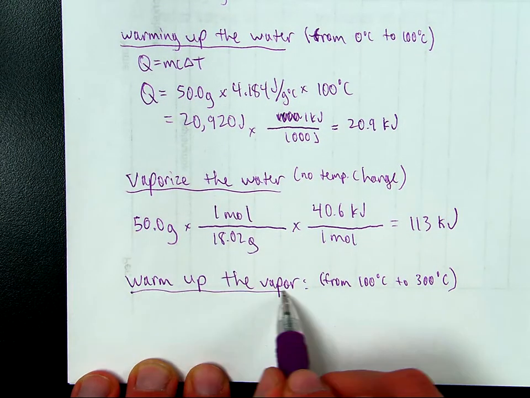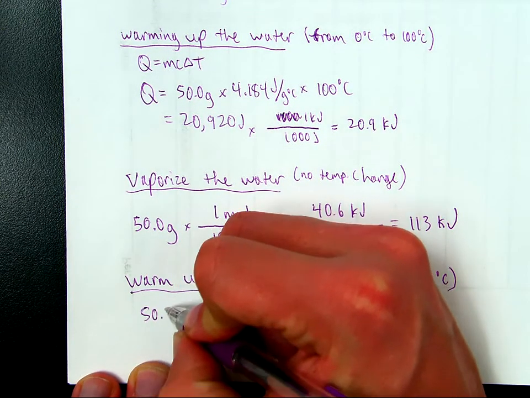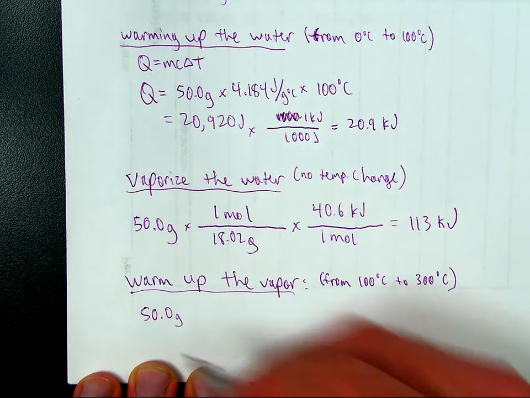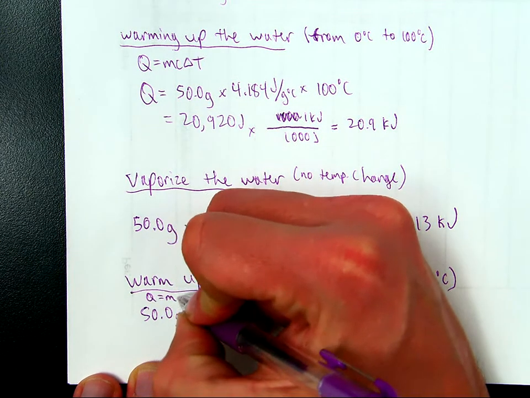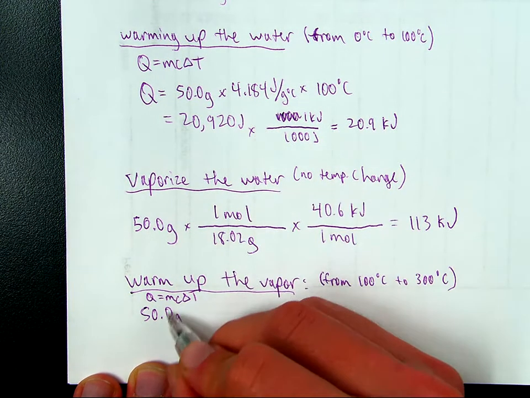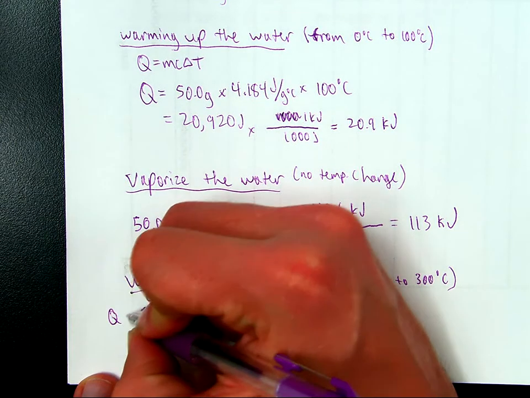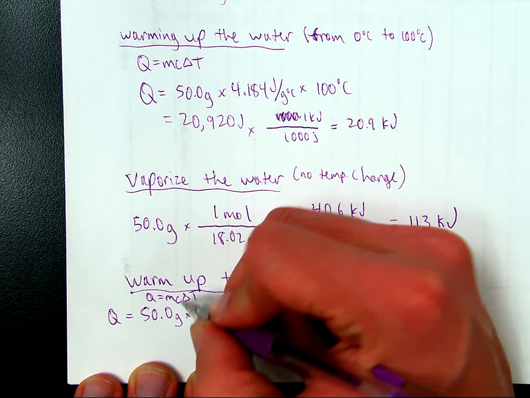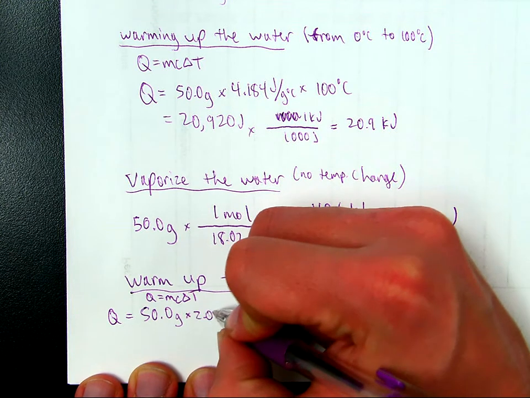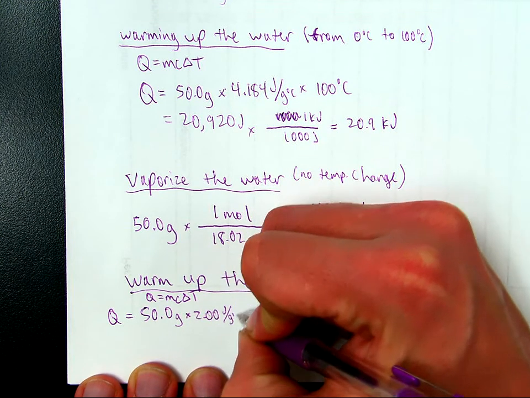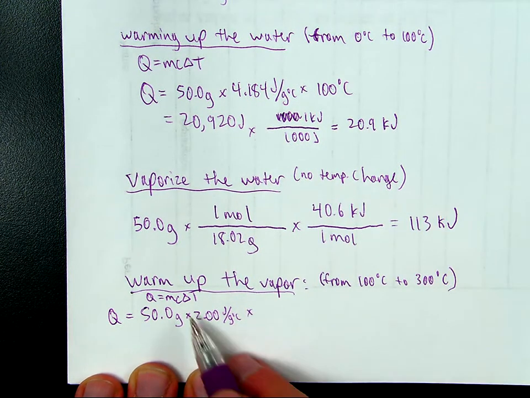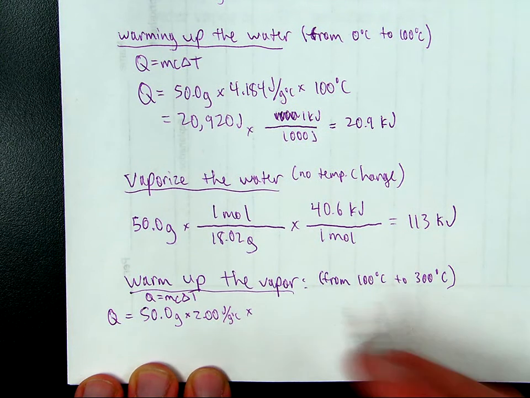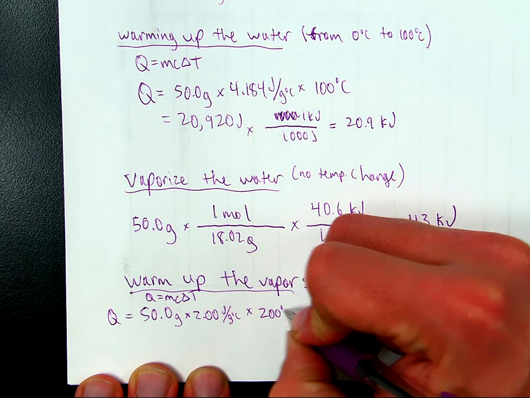So mass is 50.0 grams, Q equals that times the specific heat of vapor, which is 2.00 joules per gram degree Celsius, times the delta T, it goes from 100 to 300, so that's an increase of 200 degrees Celsius.